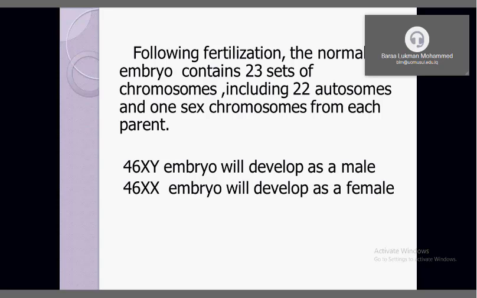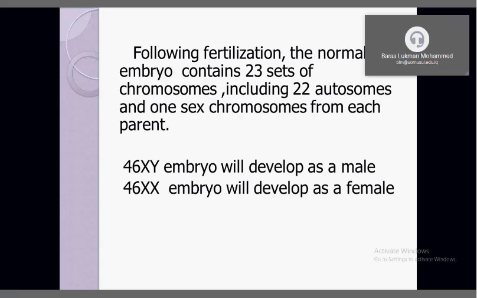However, not only the sex chromosome determines the sex of the developing embryo, as we will talk about in the following slide. But one of the factors that determine the sex of the embryo is the sex chromosome. If it is XX, it will develop as female. If it is XY, it will develop as male. We all know this basic fact.